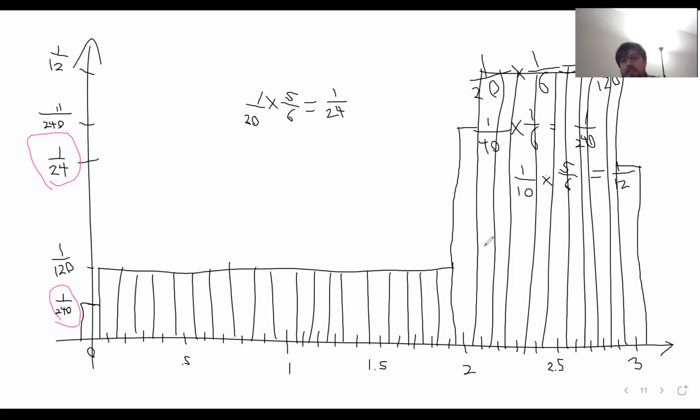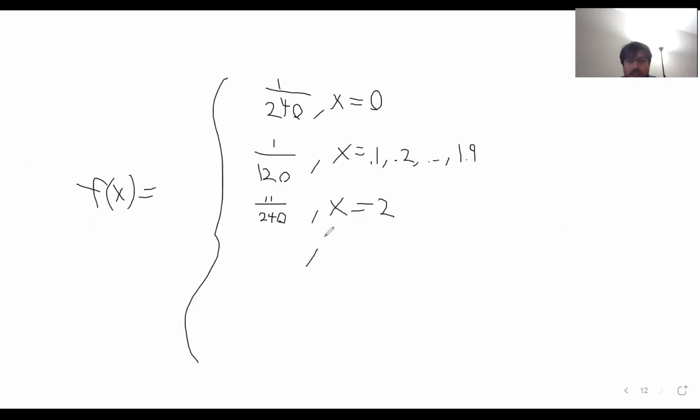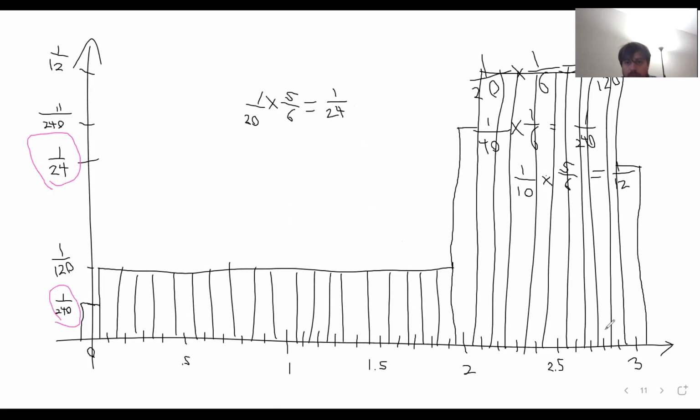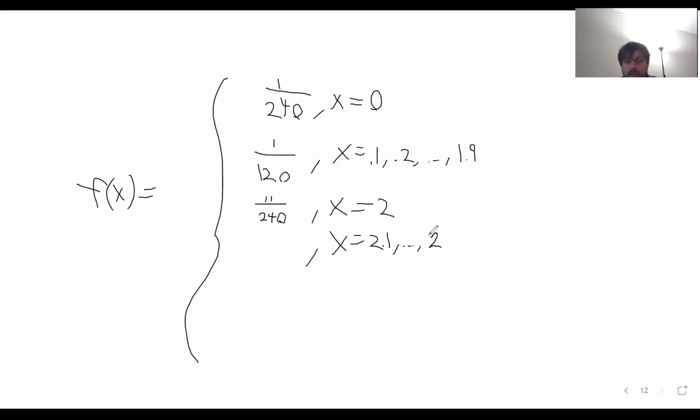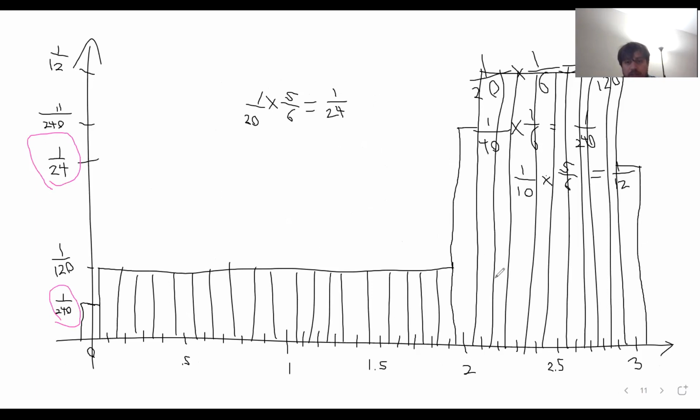Okay, then X is 2.1 to 2.9. When I did the answer sheet to this, I may have simplified the problem by ignoring the fact that you round up and down and just said, don't worry about it.